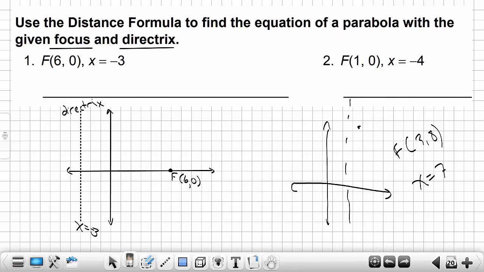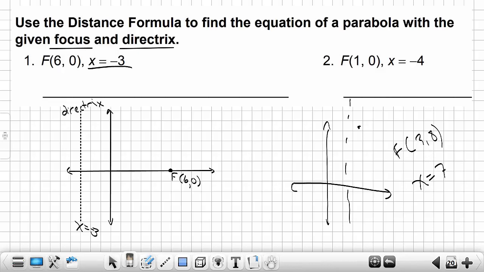x equals is a vertical line. The directrix is always a line, and here they're both x equals. That's annoying. But if it says x equals, that will make a vertical line. If it says y equals, that will make a horizontal line.